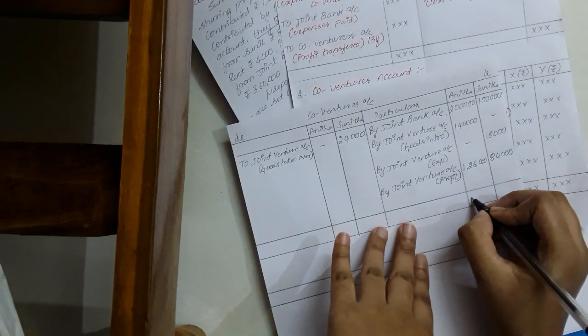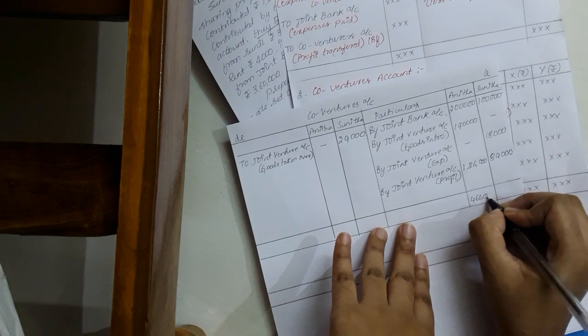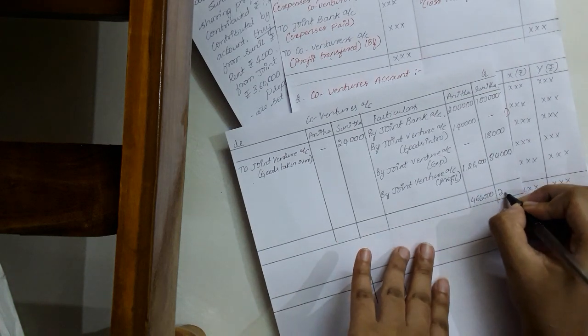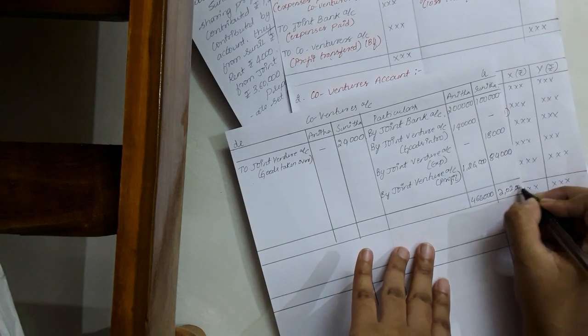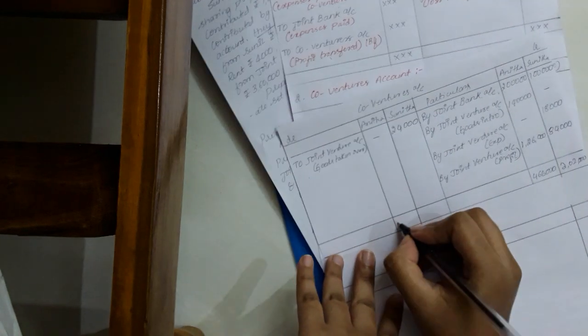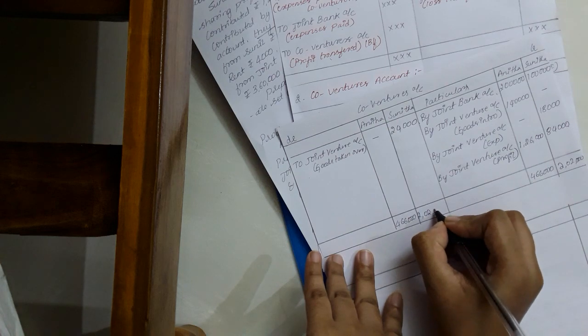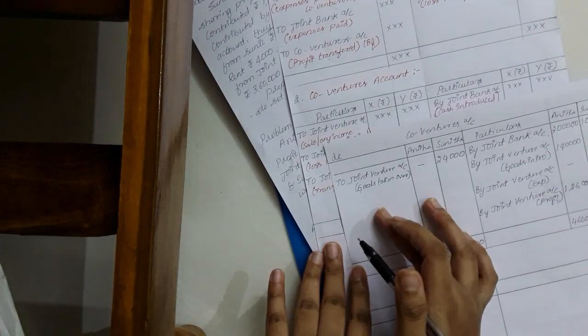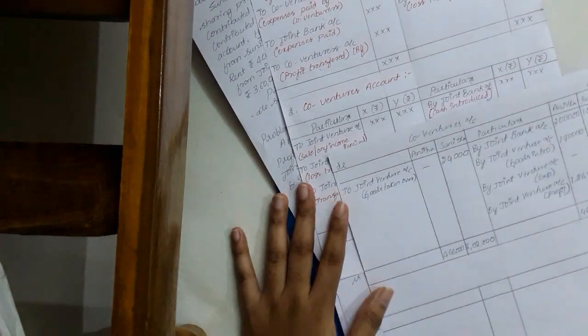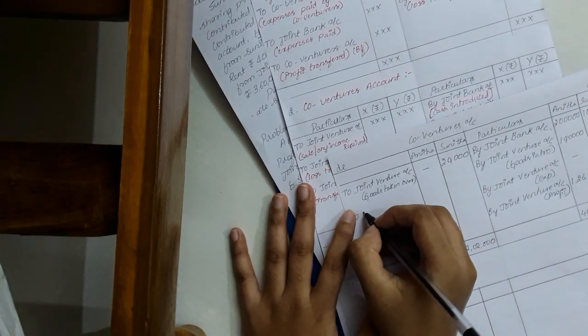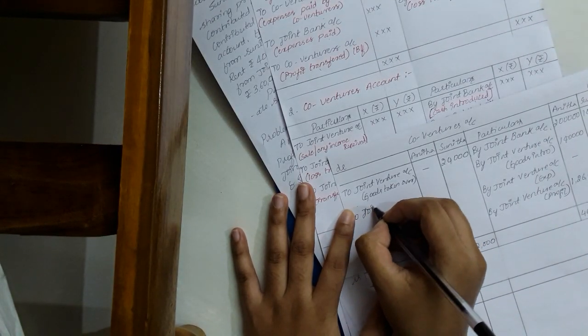What is the credit side value? It is 4,66,000 for Anita, and for Sunita it is 2,02,000. Done. Now, whatever value is coming, the balancing figure is the surplus value which needs to be given by joint bank account to these co-venturers.